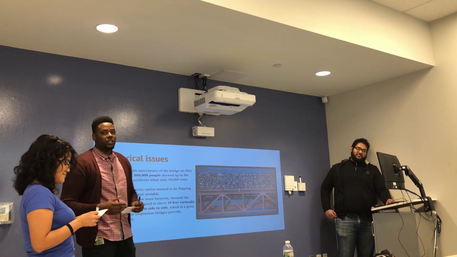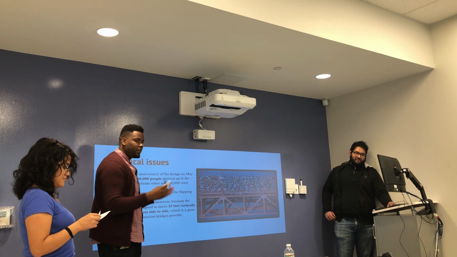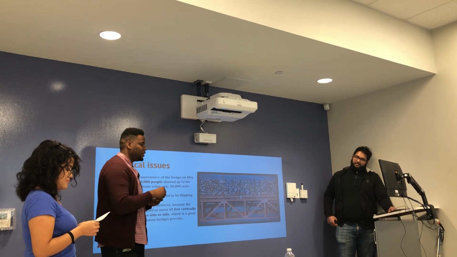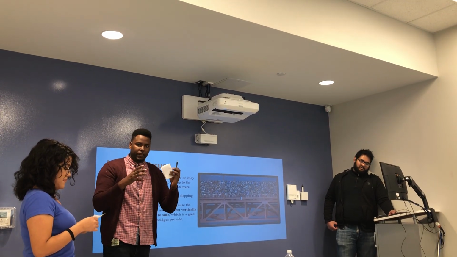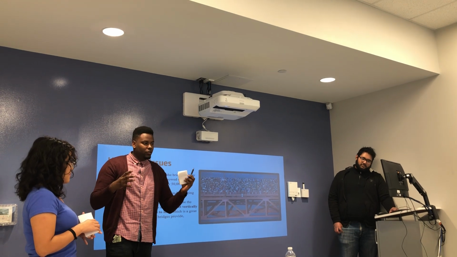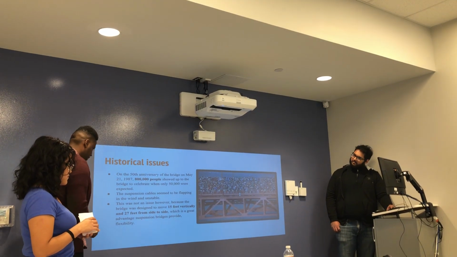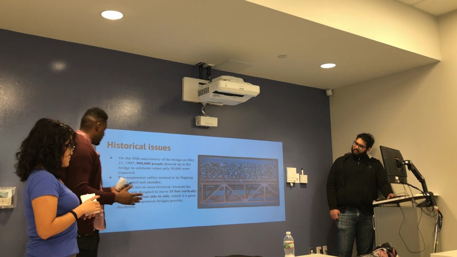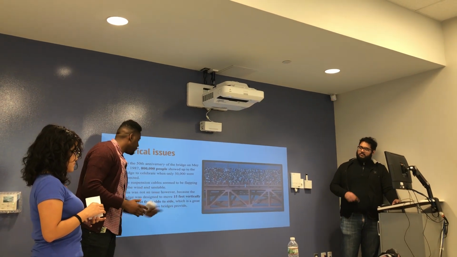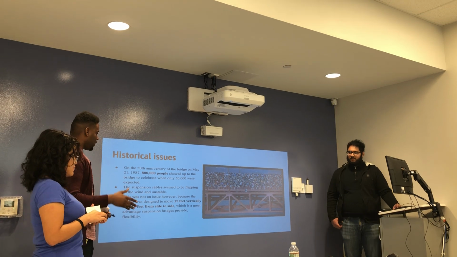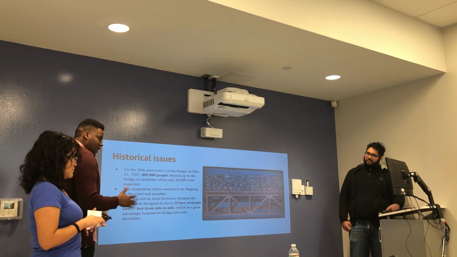But one of the engineers was like, Joseph, don't worry about it. Joseph thought about this. He understood suspension bridges. They're very flexible, the margin of error is wider, and the bridge was designed to move 15 feet vertically, up and down, and 27 feet from side to side.